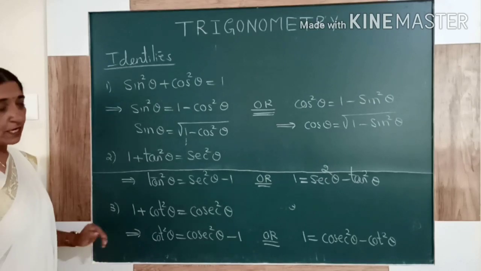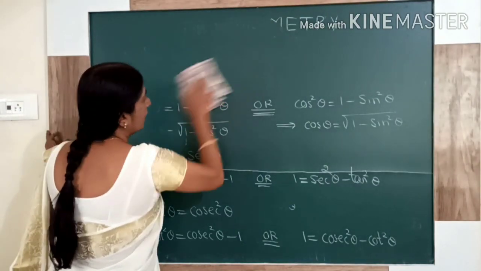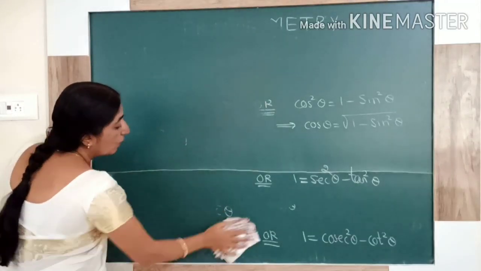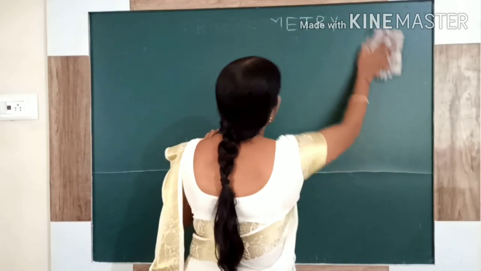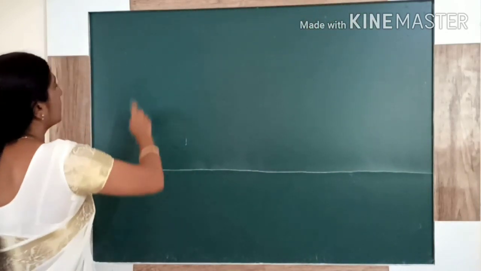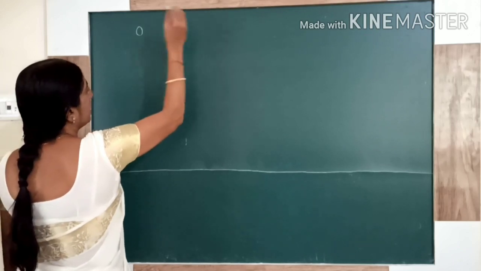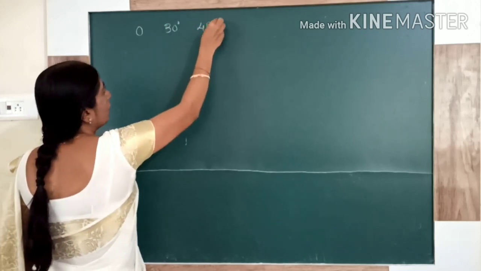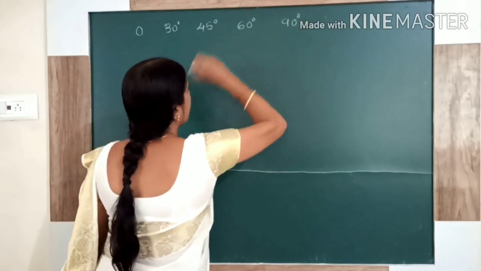So after basic identities, what is the next one? We are moving to the standard values. I will give one hint how to write the standard values and how to remember them. No need to learn them by heart. On the top write 0 degree, 30 degree, 45 degree, 60 degree and 90 degree.